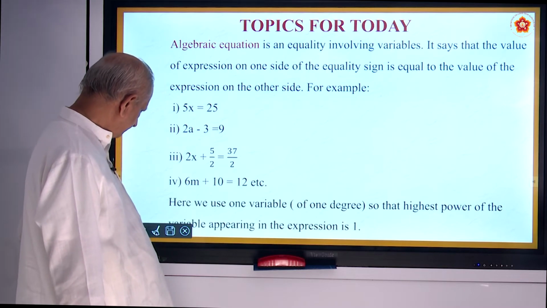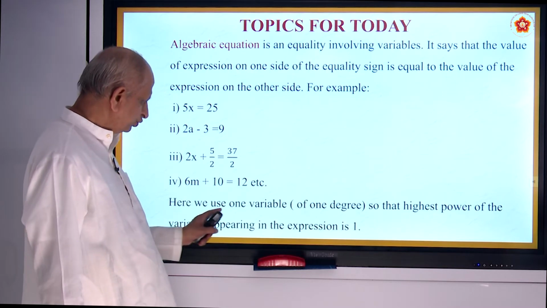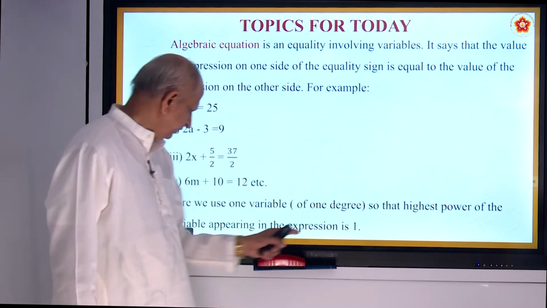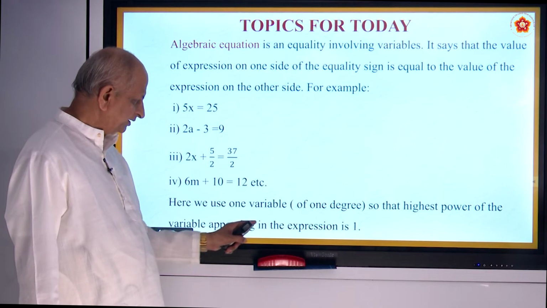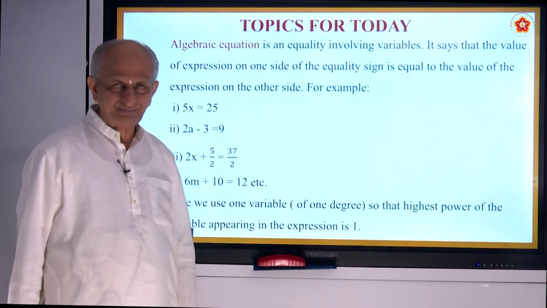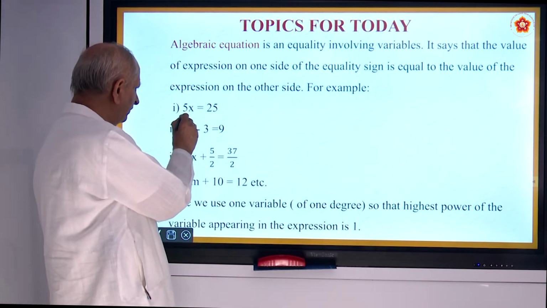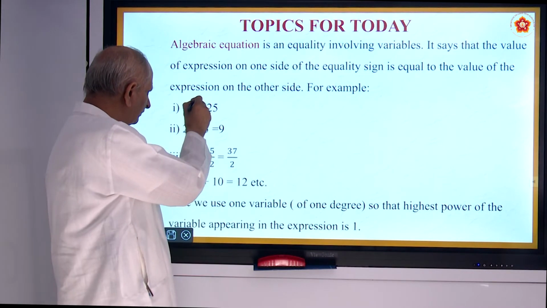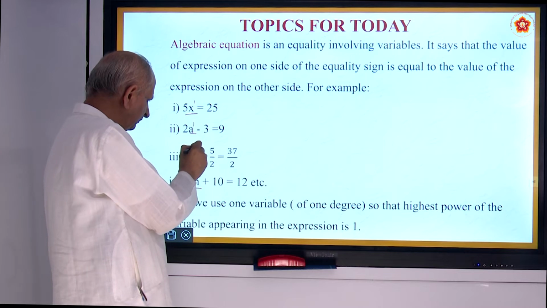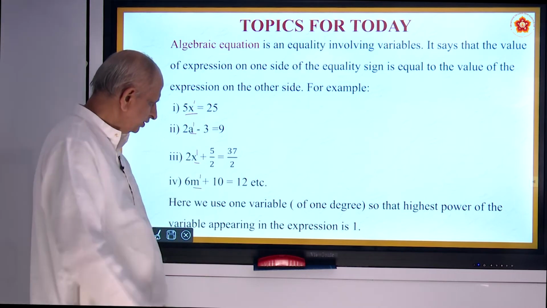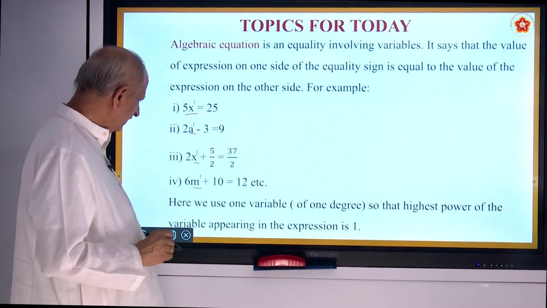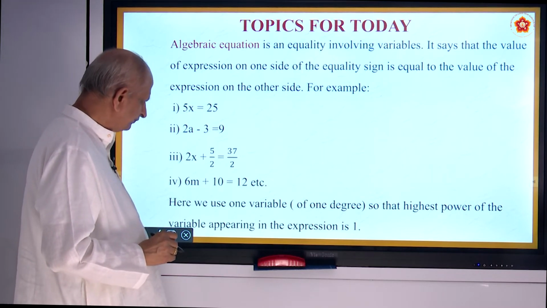So here we use one variable of 1 degree, so that the highest power of the variable appearing in the expression is only 1. The power 1 you do not usually write, it is understood. We call these linear equations.